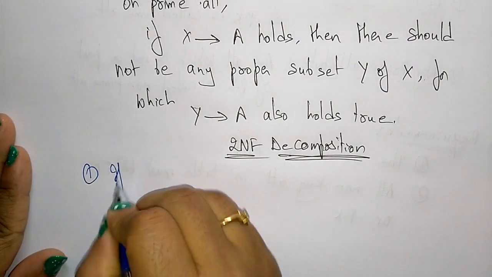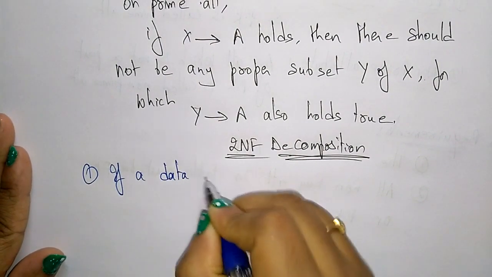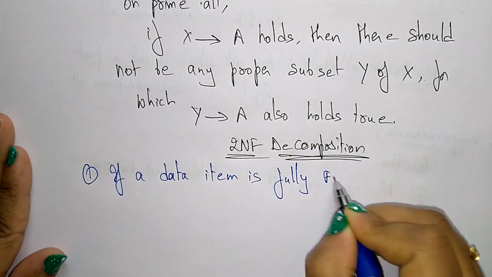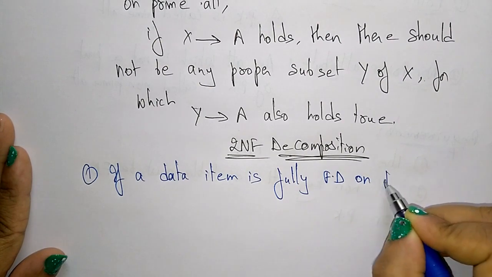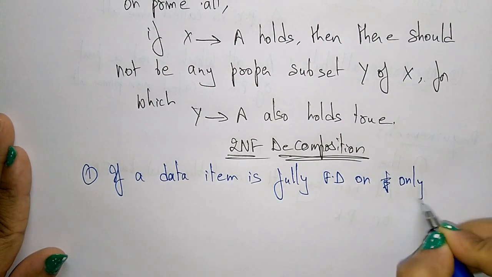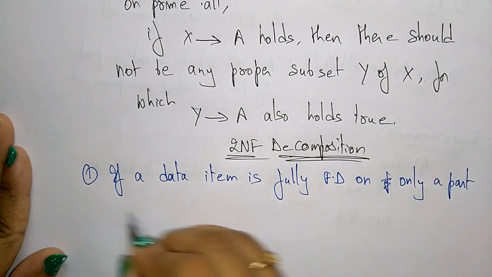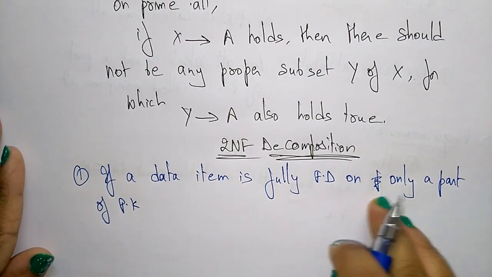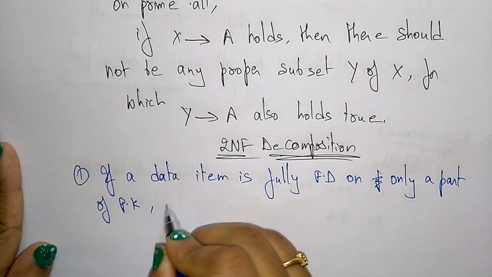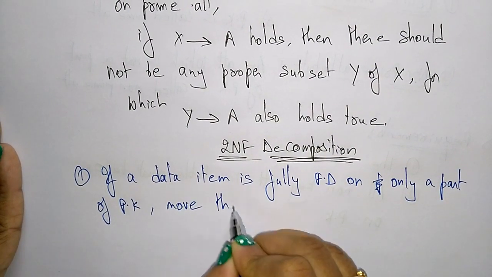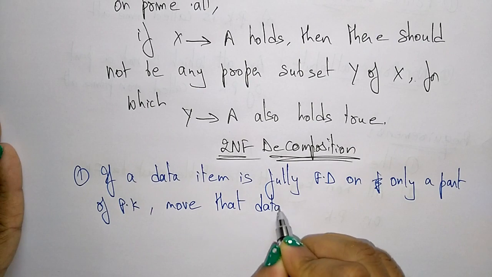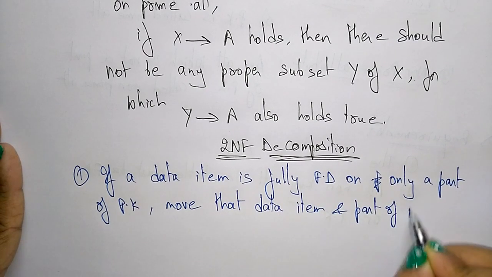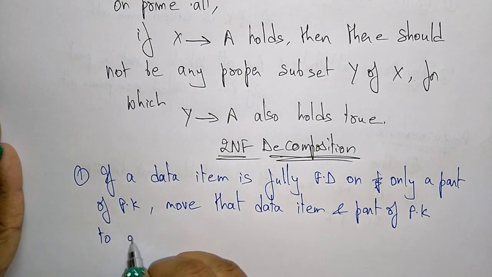If a data item is fully functionally dependent on only a part of the primary key, then move that data item and that part of the primary key to a new table.